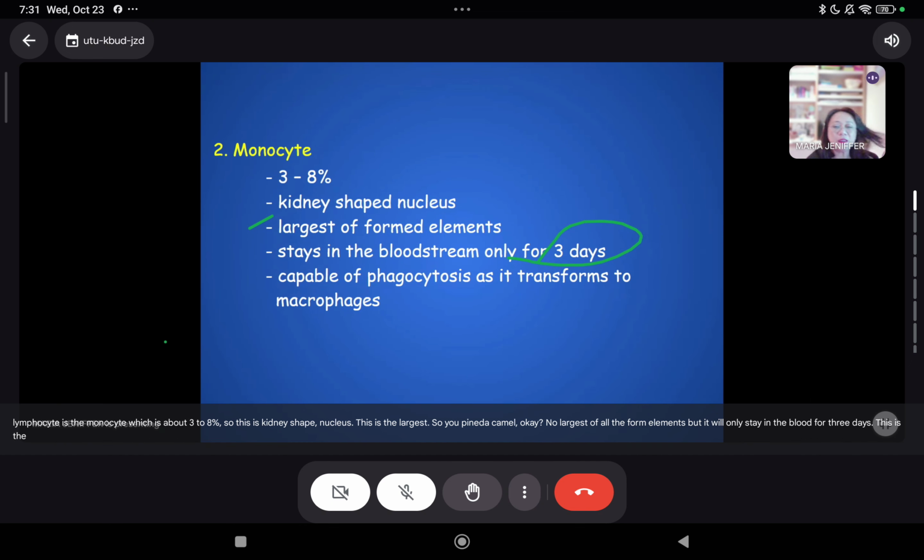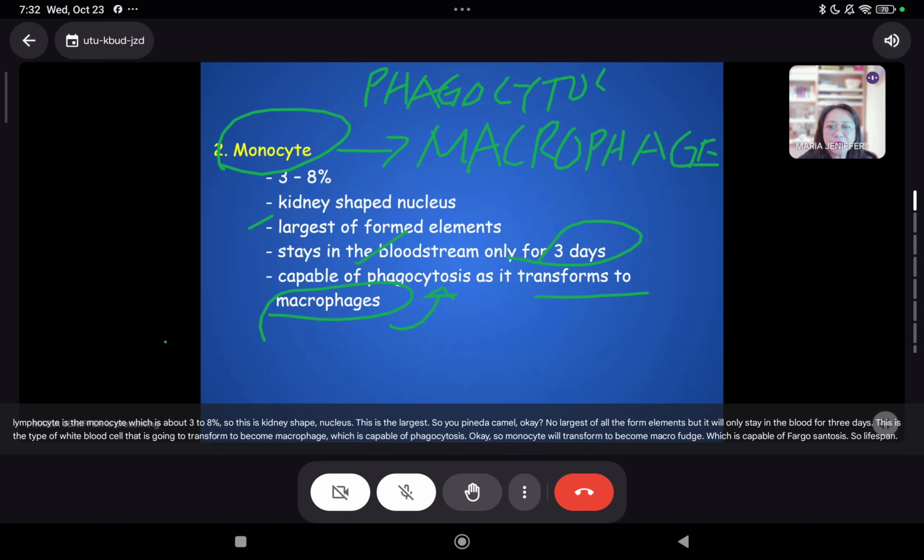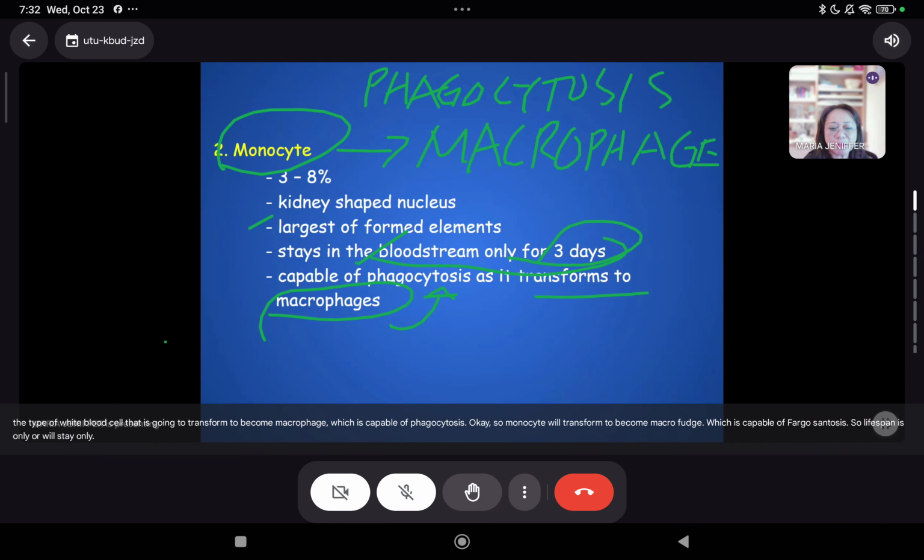This is the type of white blood cell that is going to transform to become macrophage, which is capable of phagocytosis. So lifespan is only, or it will stay only in the bloodstream for 3 days.